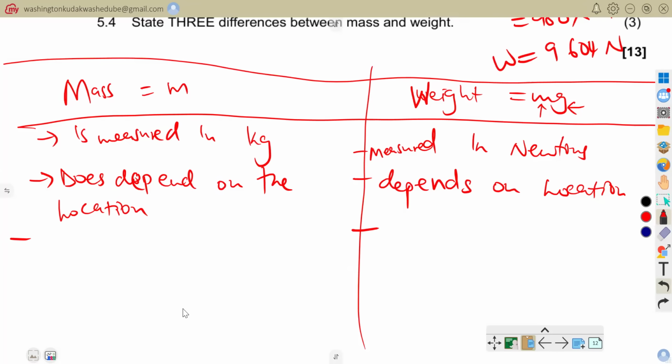And then the other one is that weight is the measure of the force of attraction that is exerted on an object by the Earth.